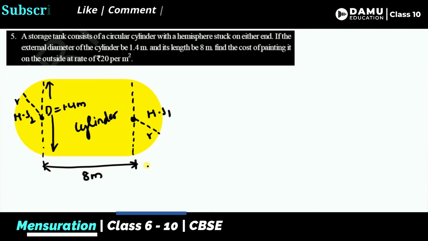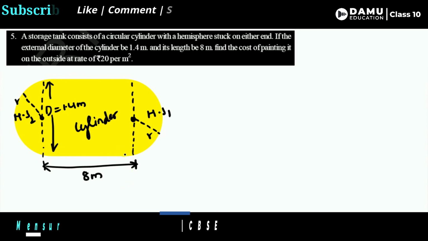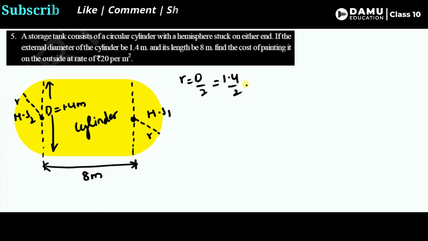It looks like a capsule, so this is the length of the capsule. You can take it as the curved surface area of the total capsule. So what is the radius? The radius will be equal to d by 2, that is 1.4 by 2. Let's multiply 1.4 into 10 by 2 into 10, so that is 14 by 20.